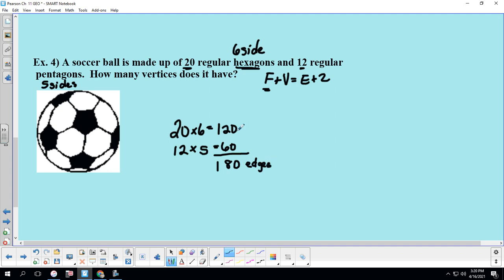But here's the fun thing. We have an overlapping of edges. Half of these share their edges with the other half of these. So anytime you are finding the edges, you take your shape, multiply it by how many you have on your polyhedron, find the total number of sides, and then divide by 2 because of the overlapping. Okay, so there technically are 90 edges.